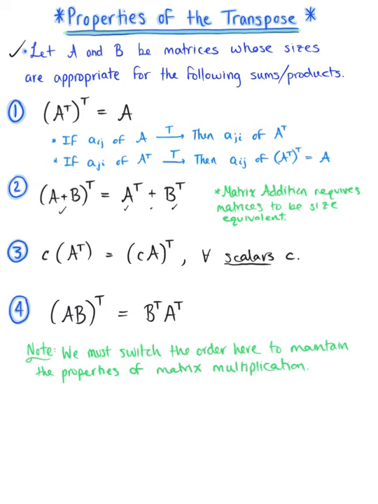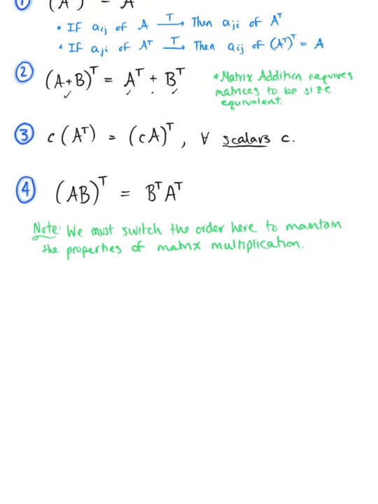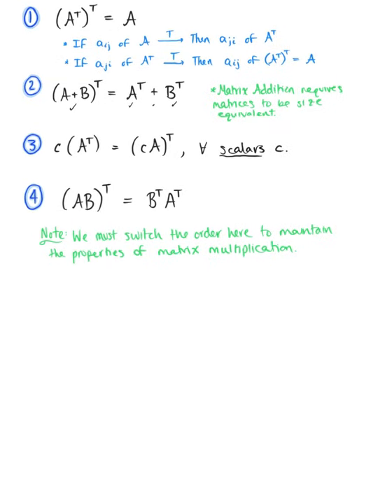So I'd like to take a minute again and think about an informal verification for this last property. Again, this is not a formal proof, but just to give us a little intuition about what's going on. So let's suppose that matrix A is an M by N matrix, and we'll suppose that B is an N by P matrix.